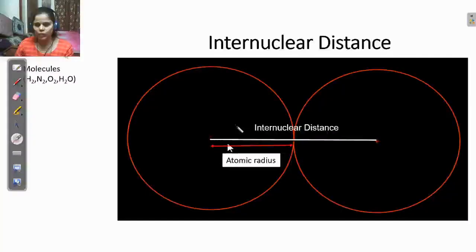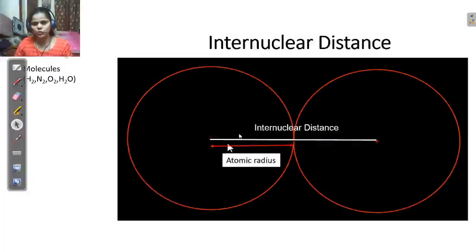If you have to find the atomic radius of any specific atom, then half of the internuclear distance is the atomic radius. Is it clear, students? Internuclear distance means the distance between the two nuclei, and the atomic radius is half of the internuclear distance.